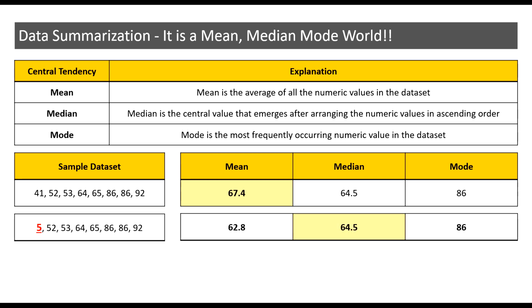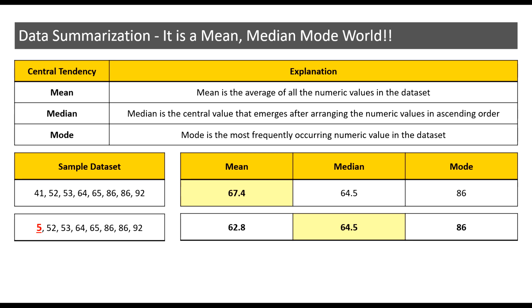Here, we can observe that there is a student who has scored 5% and has underperformed drastically in comparison to his fellow classmates. All the other marks obtained by other students in this dataset remain the same as the first dataset. Here, we can observe that the other central tendencies remain the same in comparison to the first dataset, except for the mean, which has dropped to 62.8.